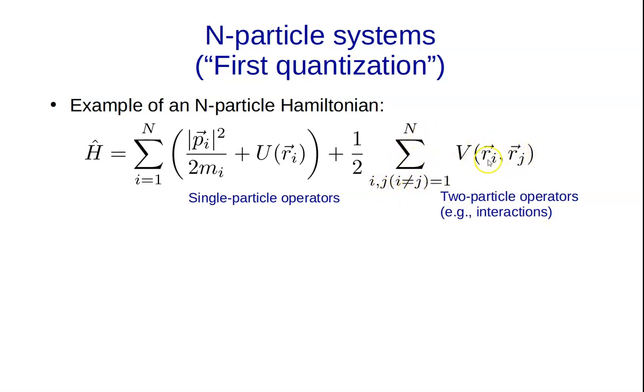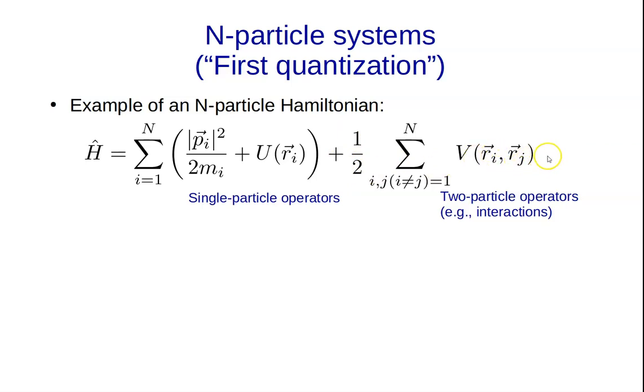So V(R3, R4) for particles 3 and 4 is the same as V(R4, R3), which is also included in the sum, but is just equal to V(R3, R4). So we need this factor of 1/2 to discount for this double counting.